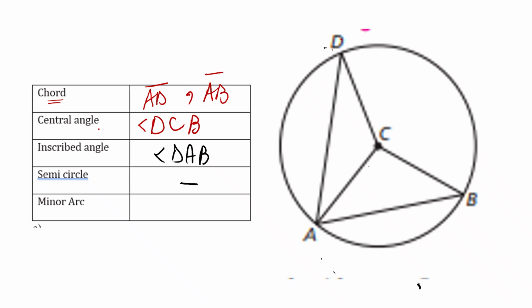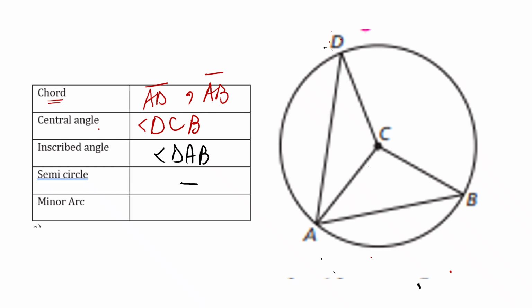In this condition I cannot say. But if I extend this line over here to make my diameter myself, name it as, for example, O, now I can say that arc DAO is a semicircle. But since I am not allowed to make my own line, I will not write anything.